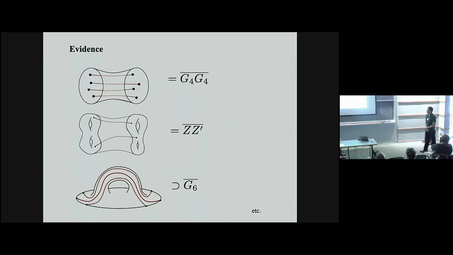The evidence for this proposal amounts to a long list of examples where it gives the right answer, in the sense that you can do a gravity calculation in the semi-classical limit, including potentially one-loop corrections, and you can compare that to writing out observables in this CFT ensemble and averaging over the ensemble. For example, it reproduces two-boundary wormholes.